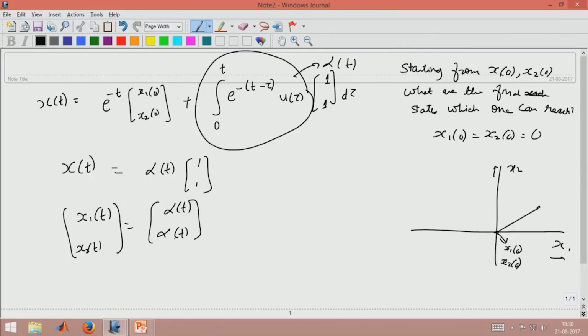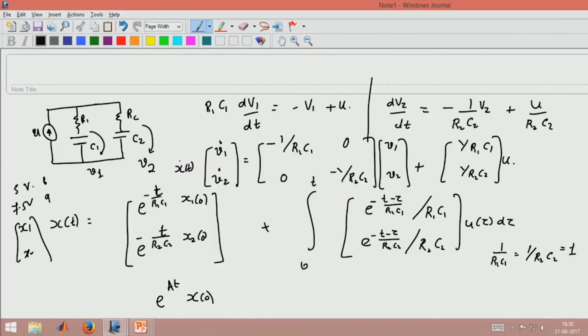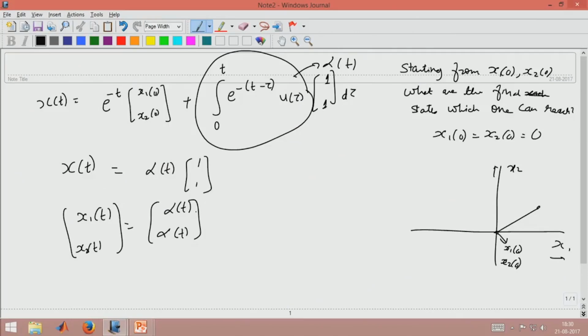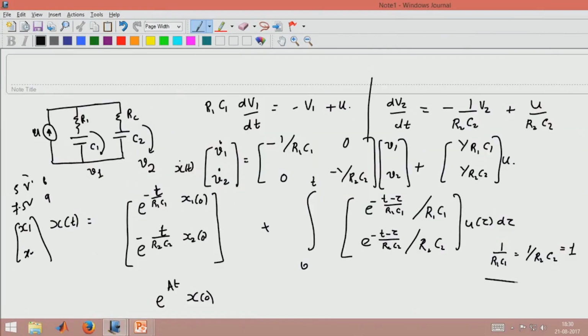And I started my problem by asking, can I get capacitor 1 to 5 volts and capacitor 2 to 7.5 volts? Well, the answer in this case is that I cannot. If V1 goes to 5, V2 should also go to 5. This is happening in this special case only, when R1 C1 and R2 C2 have the same values.